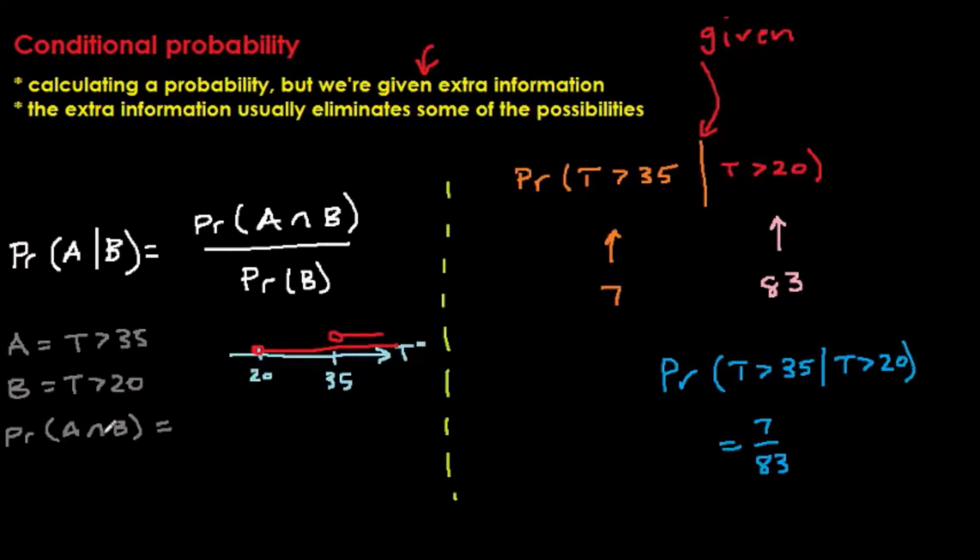So my probability of A and B both happening at the same time is the probability the temperature is above 35 degrees. And the probability of the temperature above 20 we've already calculated. Then what I would do is put these into the formula.